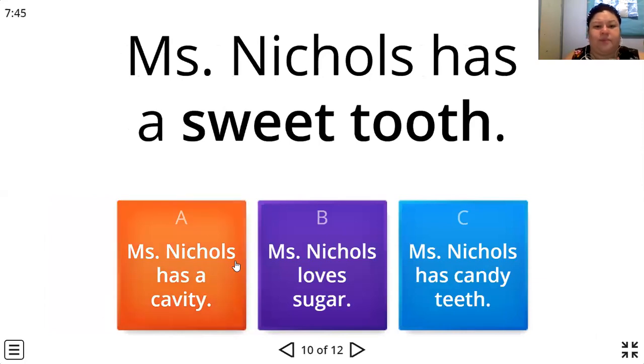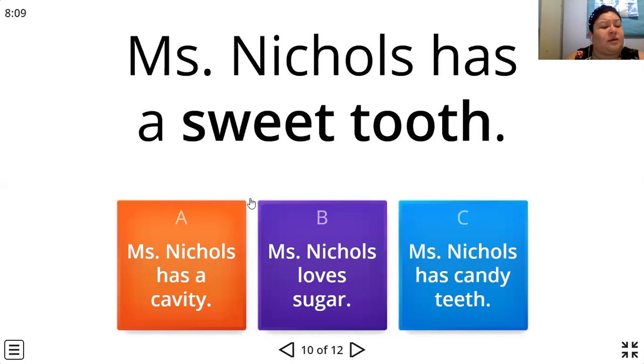Let's keep going. Mr. Nichols has a sweet tooth. Kelly Munoz, what do you think it means? Letter C. Mr. Nichols, Letter B, loves sugar.